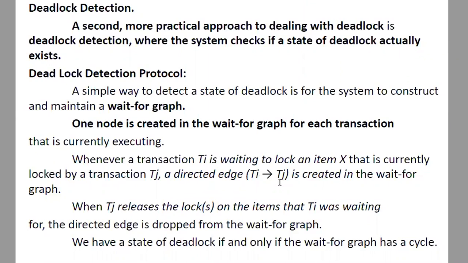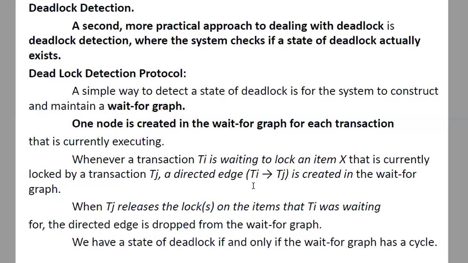If it is a waiting, then you are going to create an edge from one transaction to the other transaction. Okay, the same concept we studied in conflict serializability. If you have more transactions in the schedule, and the transactions form a cycle in the precedence graph, then you can say there is a conflict.